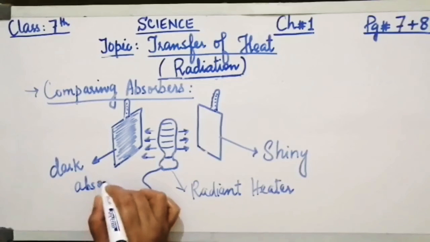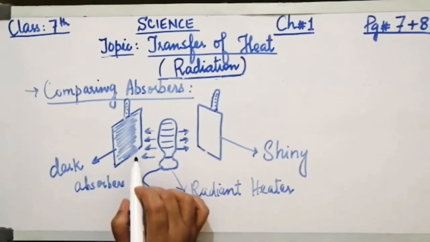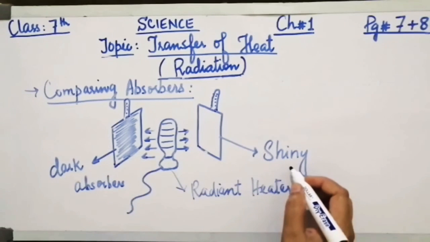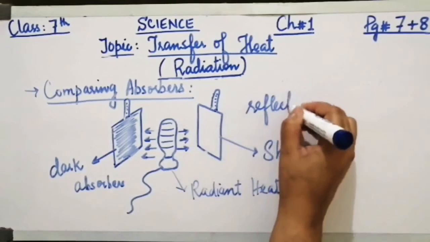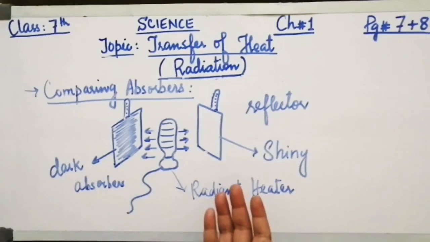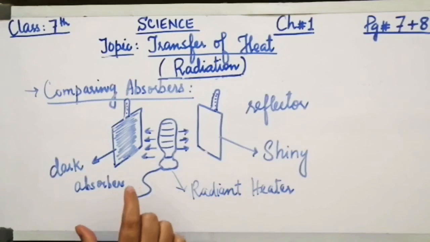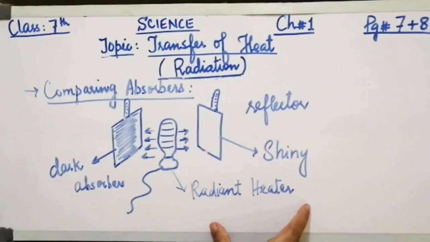They are good absorbers because the black or dark surface can absorb heat very well as compared to the shiny surface, which is a reflector of heat, which reflects heat. So here we can conclude by observing both activities, comparing emitters and comparing absorbers, that dark or black surfaces are good absorbers as well as good emitters as compared to shiny surfaces.